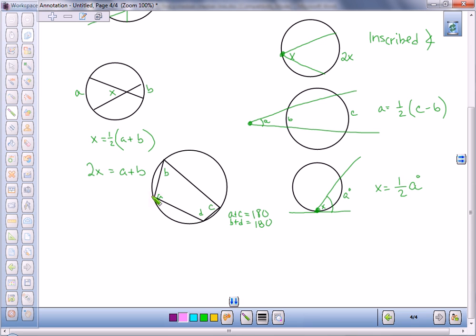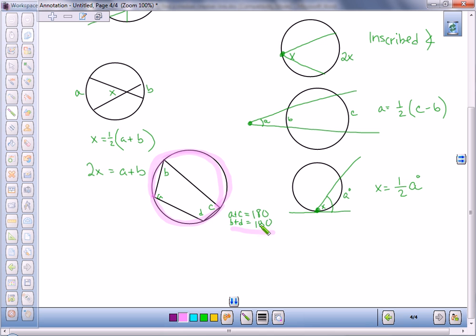That's the intercepted arc for angle D. Well, angle B is half of its intercepted arc. What happens if I put those two arcs together? What does it make? 360. What's half of 360? 180. So when you put them together, it better equal 180. That's why opposite angles are supplementary. Okay?